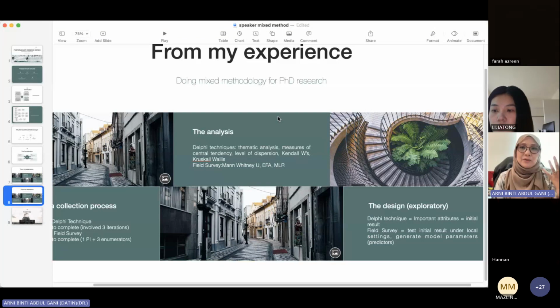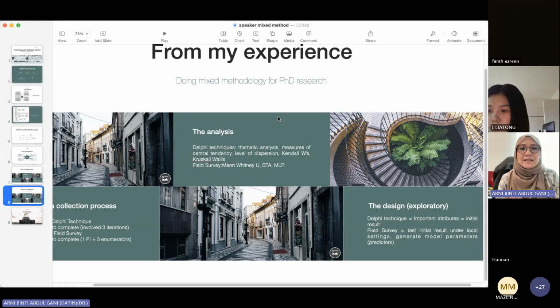During my time, those days, people were not really familiar with software, so we used the original thematic analysis. I had a first and second research objective to answer using qual. So the first was thematic analysis.